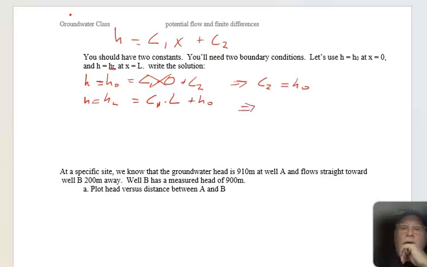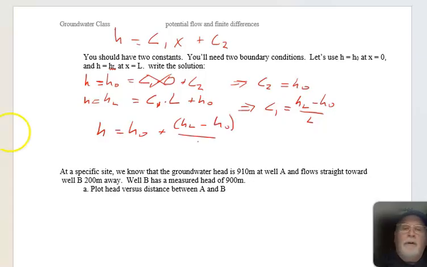Rearranging, c1 equals (hL minus h0) over L. Substituting back, we get that h equals h0 plus (hL minus h0) over L times x. This is the intercept, and this is the slope, which is just the change in head over distance. So it's a straight line.